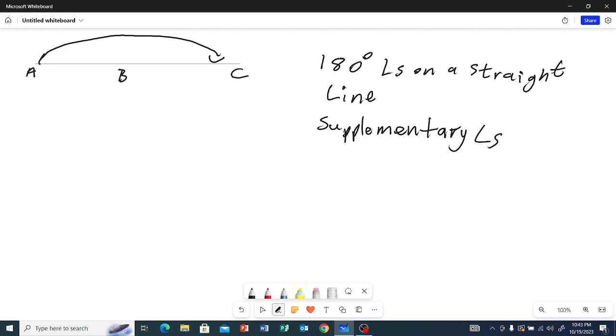So supplementary angles are angles on a straight line, or angles that add up to 180 degrees.